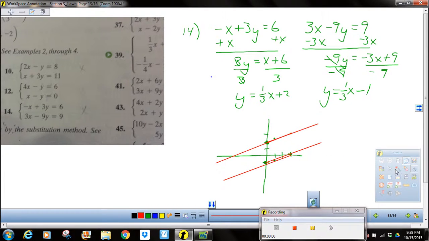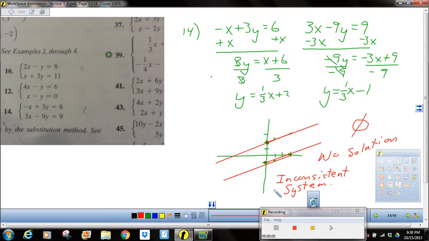If it has no solution, we can write that it's the empty set. We could write no solution. We could say it's an inconsistent system of equations.